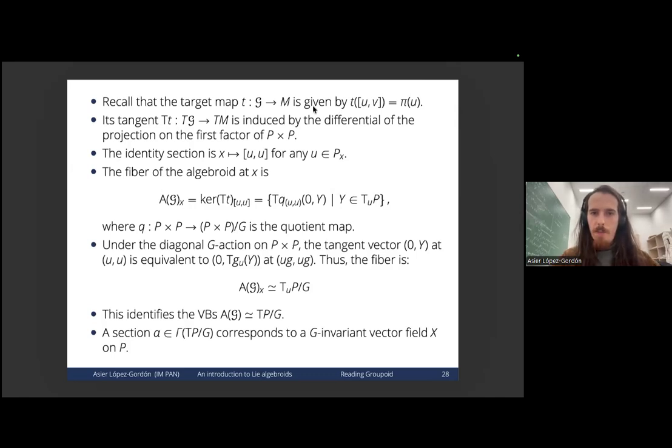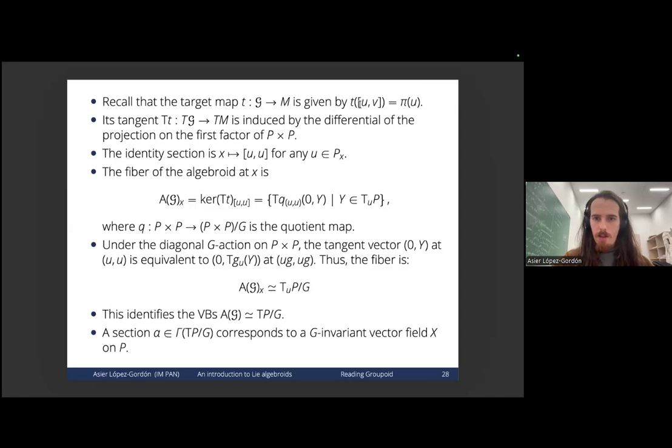And the target map of an element of this space, that is a point on the space of arrows of this groupoid, is an equivalence class of pairs of points on P quotiented by the diagonal action.